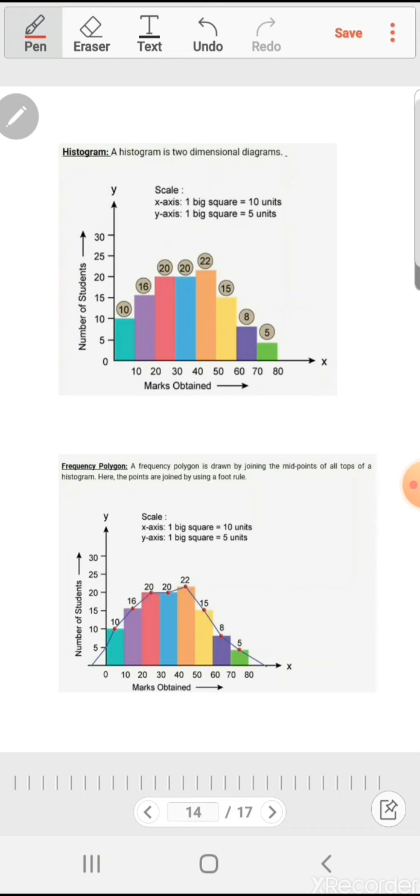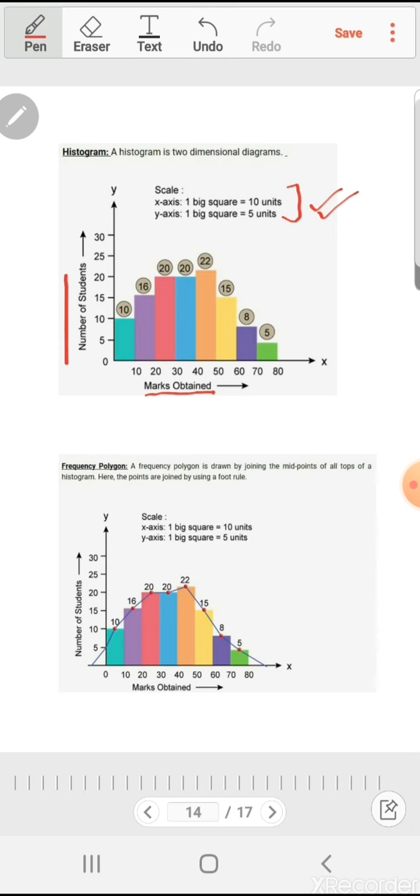Now, since we have studied how to draw histogram, frequency curve and frequency polygon, now let's look at a finer version of these graphs. You have to keep in mind that once you draw any frequency curve or histogram, both x as well as y axis should be properly labeled and marked. A proper scale should be written along with the graph.